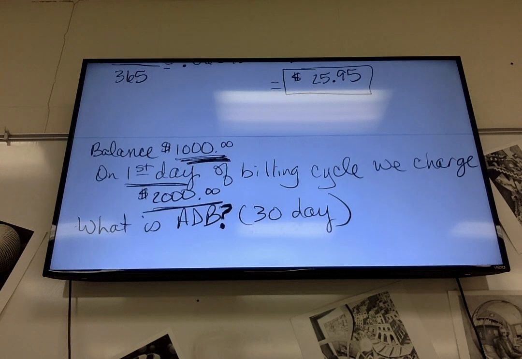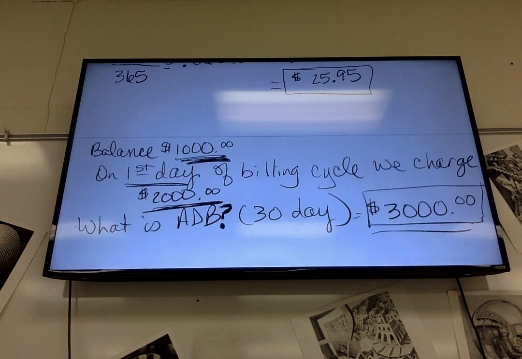And the 2,000 means we charge that much more. So you add to it. So it's how much? 3,000. So that's the average daily balance. Didn't have to do any extra work there just because we charged it the very first day.